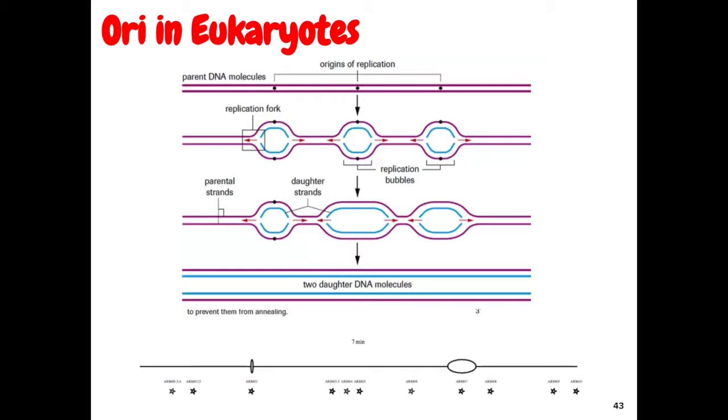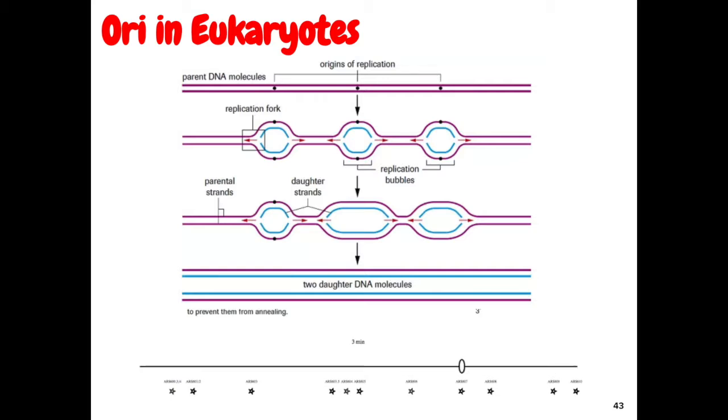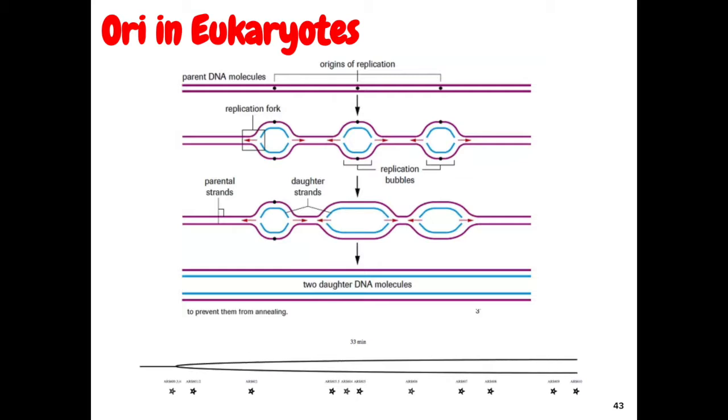And in eukaryotic cells, there are multiple origins of replication. We have origins of replication all over our DNA, as opposed to prokaryotic cells where there's only one origin of replication. Having multiple origins helps because DNA replication can occur simultaneously at many different locations along that super long eukaryotic chromosome.